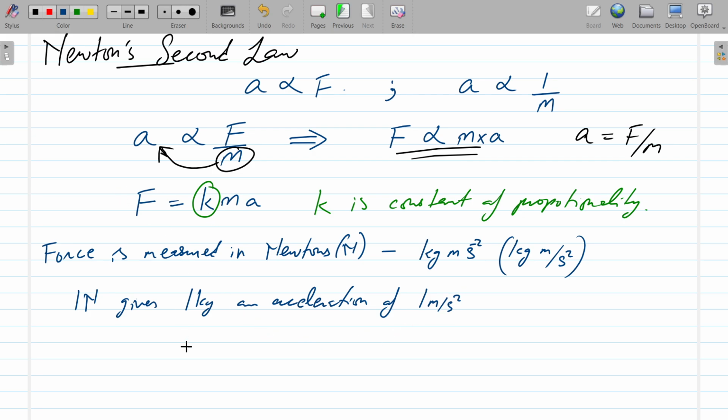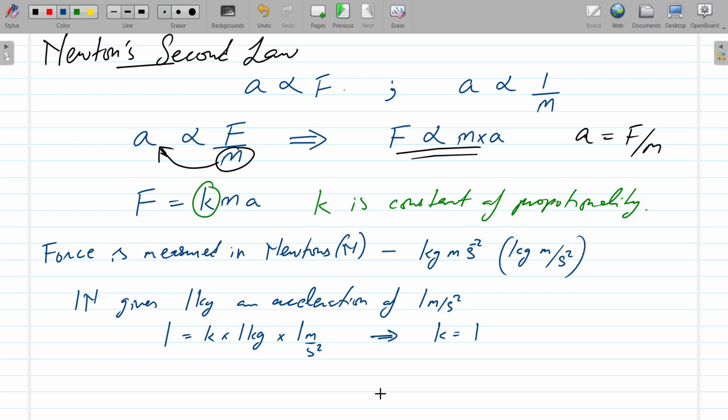So if you plug that into the equation F equals k m a, we've got the force, which is 1, equals k multiplied by the mass, which is 1 kilogram, multiplied by the acceleration, which is 1 meter per second square. Simply doing the math, you're going to get k equals 1. Yes?